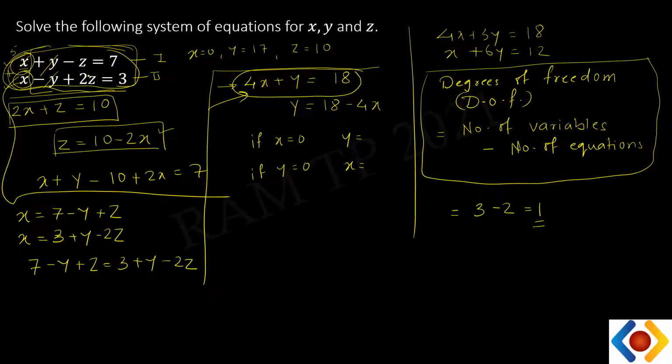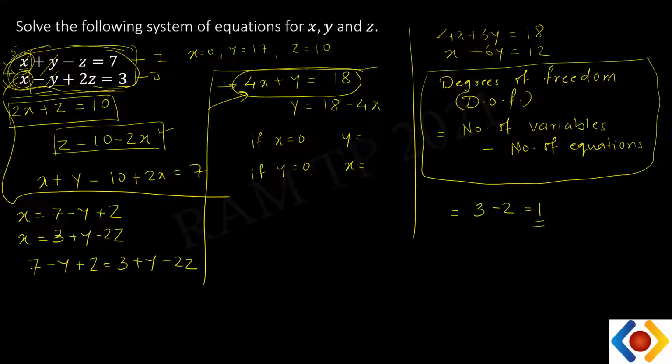So when we write our answer, what are we going to write? I'm going to say if x is equal to 5, then y is equal to this and z is equal to this. Are you understanding my point? Everybody clear about this now? So if there are 3 variables and 2 equations, there are infinite solutions because you are assuming values.